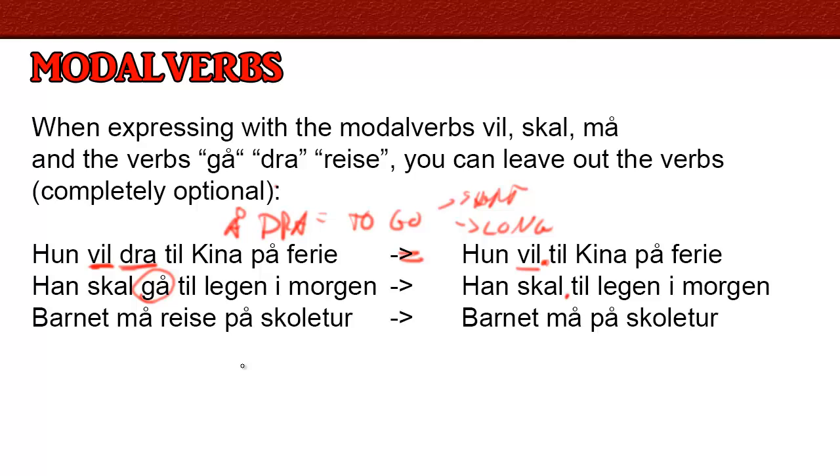Barnet må reise på skoletur. The child must travel on a school trip. The child must on a school trip. Again, å reise is optional, but you can have a habit of always including it. That's completely up to you.